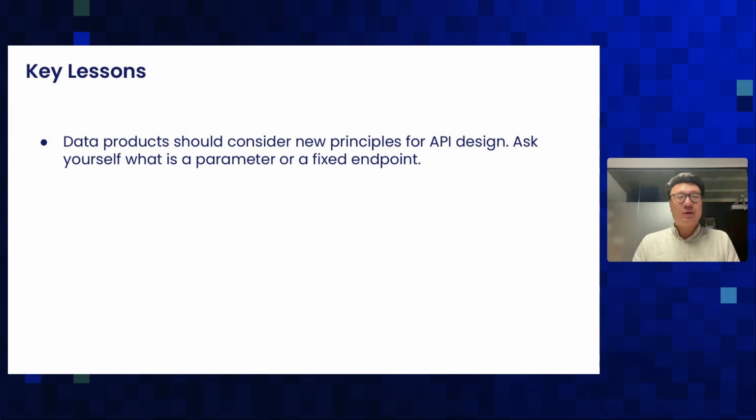So I want to outline a few of the key lessons we had from this project. First off, when you're building data products and considering the API design, it's worth considering what is a parameter and what is a fixed endpoint. The traditional model of API design, one endpoint with one outcome, might not always be the best.